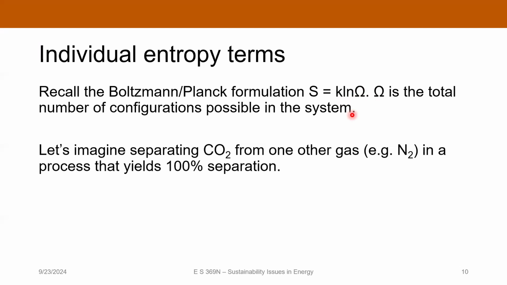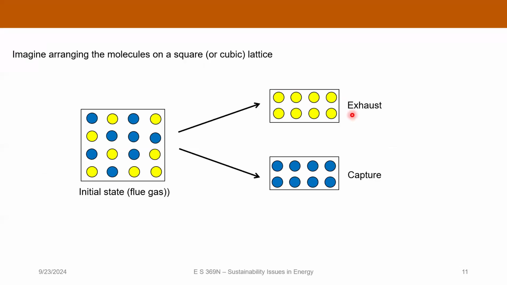So we go from some mixture of CO2 and other gases to a complete separation where we've got nothing but CO2 and then nothing but the other gases. So let's go back to our yellow and blue molecules. And let's say that the blue molecules are CO2. And let's say that the yellow molecules are everything else. It's probably mostly going to be nitrogen or water vapor, I guess. But that's what we're dealing with.